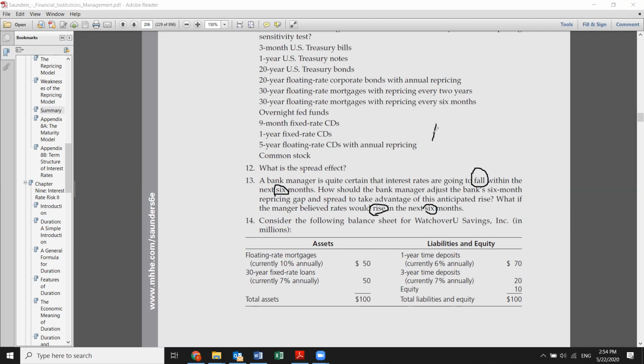You know the repricing gap can be positive or negative.